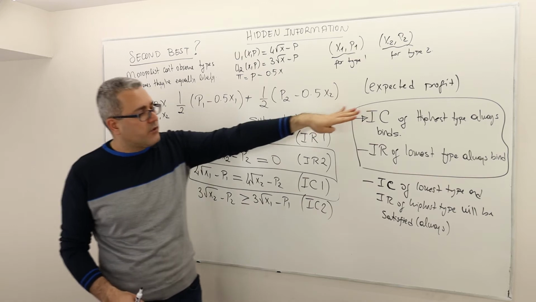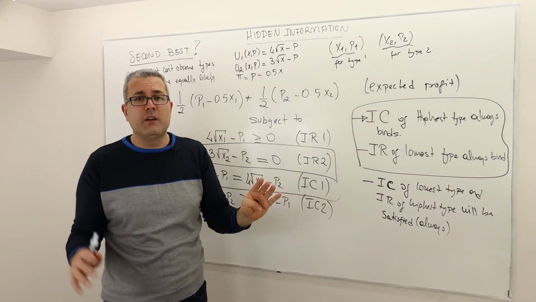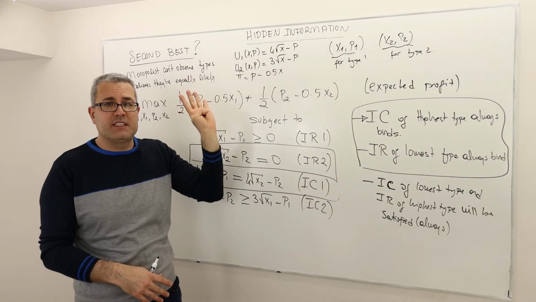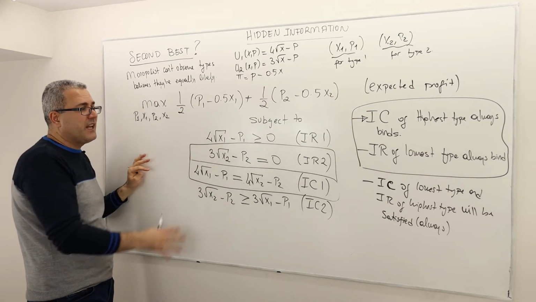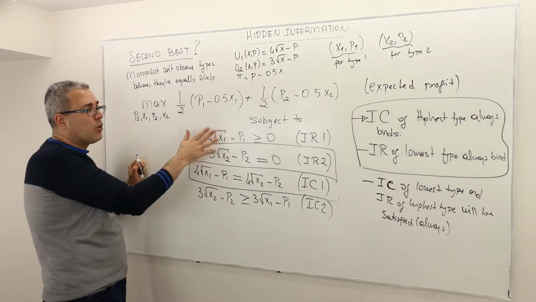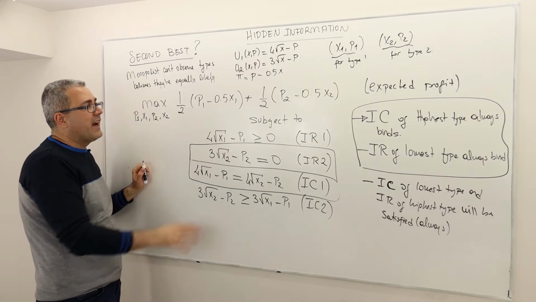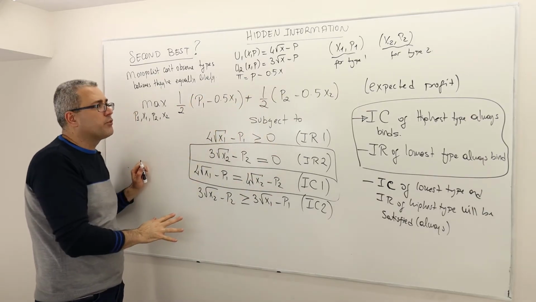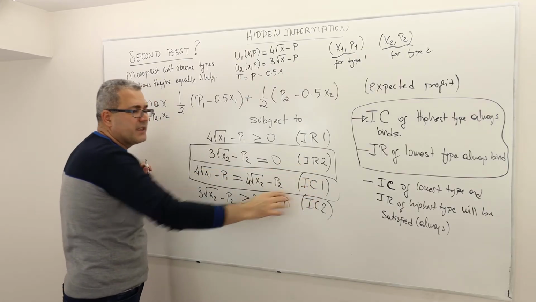So as a result of those statements, again, these are always true, not just for this specific example, I can ignore the IR1 constraint and the IC2 constraint, and I can rewrite this optimization problem by just using these two constraints, IR2 and IC1.